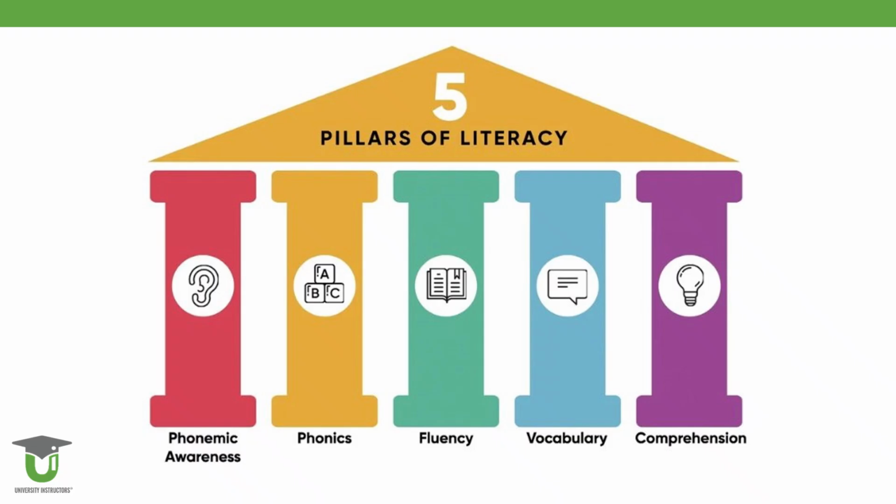Vocabulary is the body of words used within a particular language. And comprehension is the ability to understand and gain meaning from what has been read. All of these pillars are interconnected. For example, strong phonemic awareness contributes to the development of the other 4 pillars.